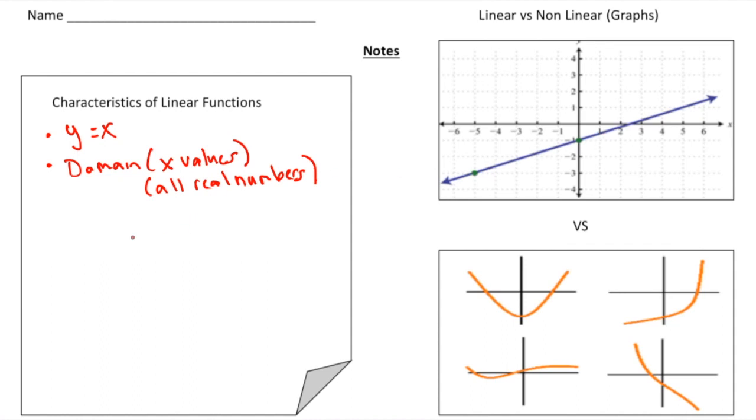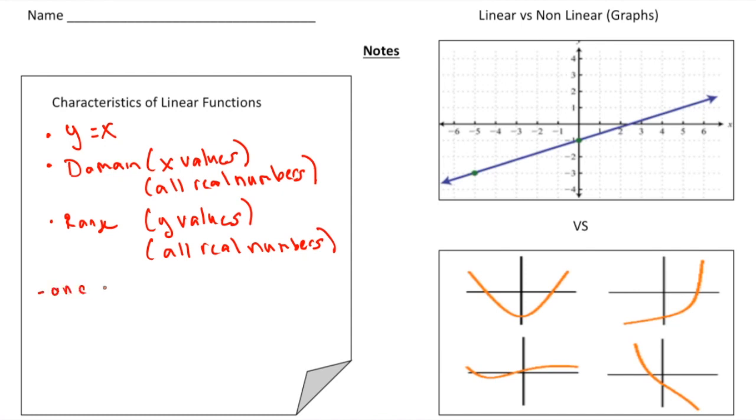The same is said for the range values. The range values are the y values, and they also include all real numbers. Next, each linear function has one x and y intercept.